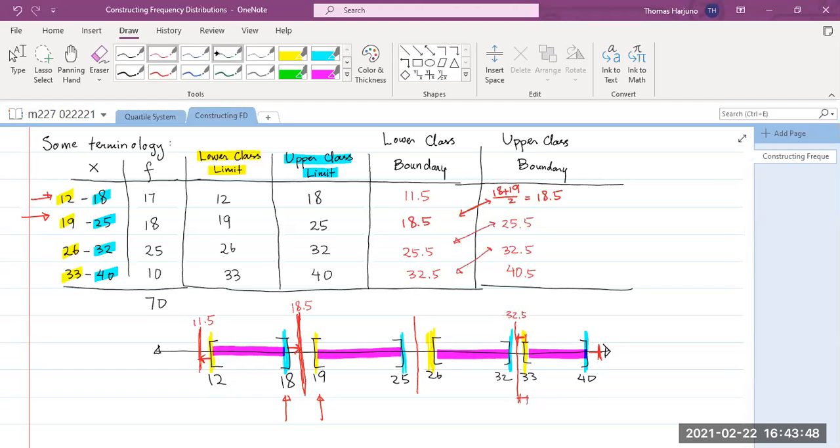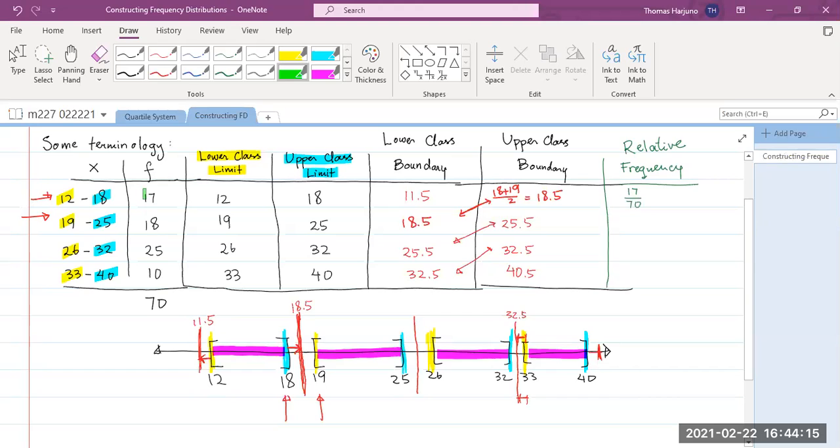Now the last part, which is not related to our discussion of constructing a frequency distribution, but just a little extra stuff, is called relative frequency. We will use this when we get to probability. Relative frequency is the frequency for the class divided by the total frequency.